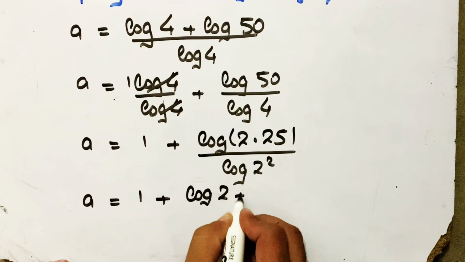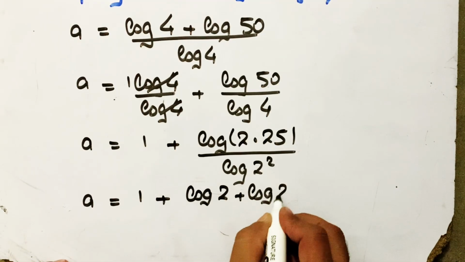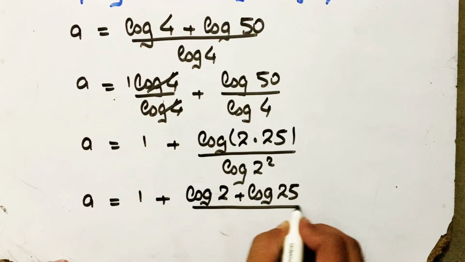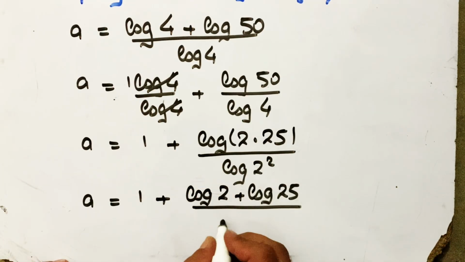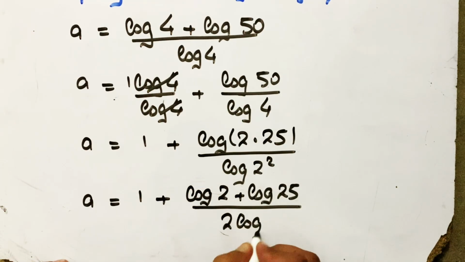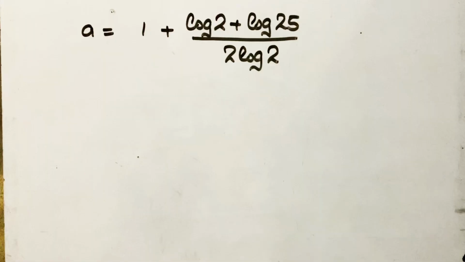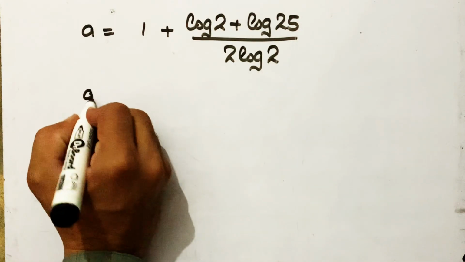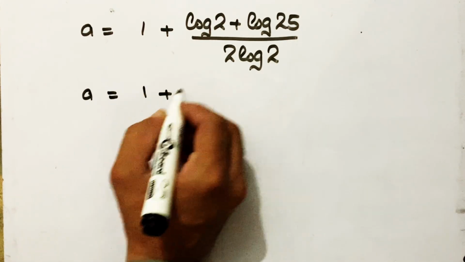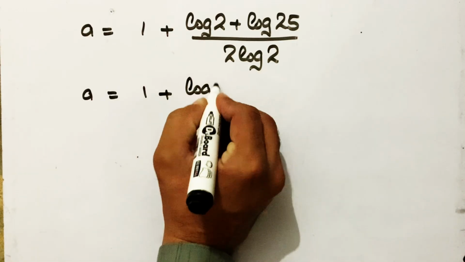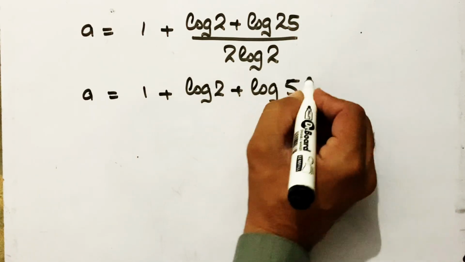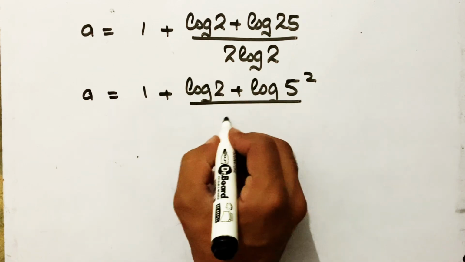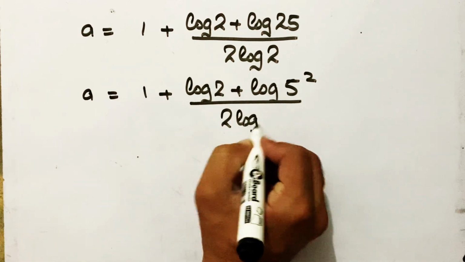log of 2 plus log of 25 divided by, this is again the power rule, 2 log of 2. So a equals 1 plus log of 2 plus 25, which becomes log of 5 square, divided by 2 log of 2.